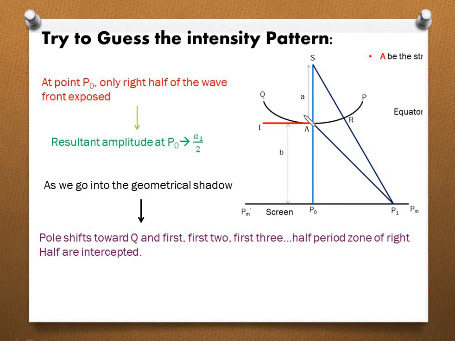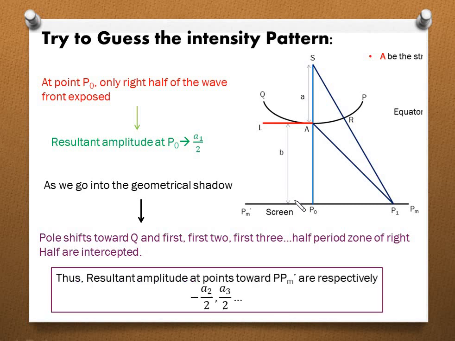Once the first half period zone is intercepted, the resultant amplitude at a point left of P0 will be minus A2 by 2, the next higher order term. Similarly, if the first two are covered, then A3 by 2. But we know that these amplitudes A1, A2, A3 are in decreasing order.